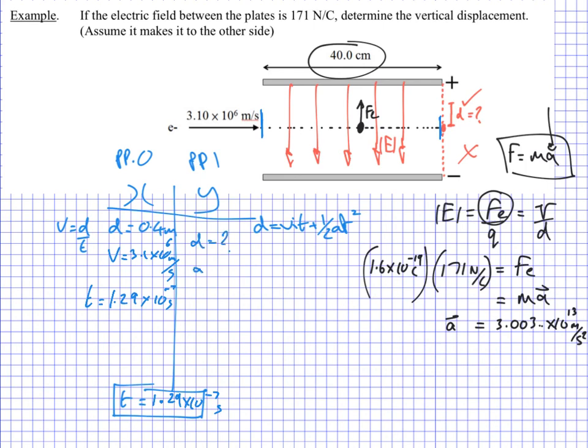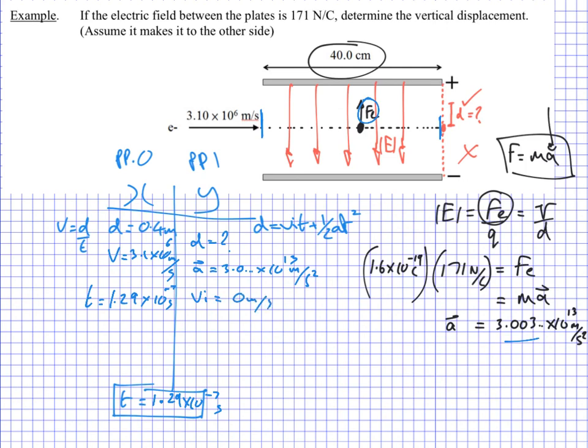I know the acceleration is going to be a positive value, up, because my force is up. So that's my calculated value from over here, 3.0 something times 10 to the 13 meters per second squared. And I know the v_i because the initial vertical velocity was 0.